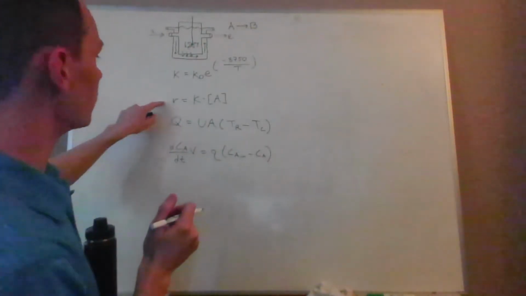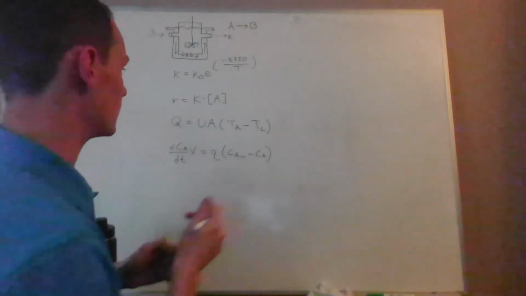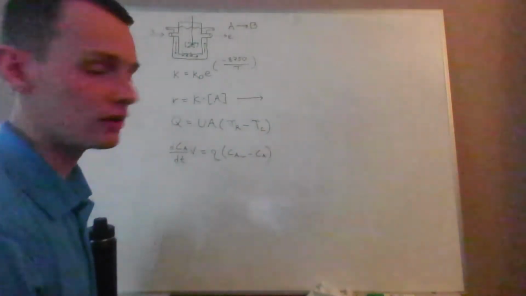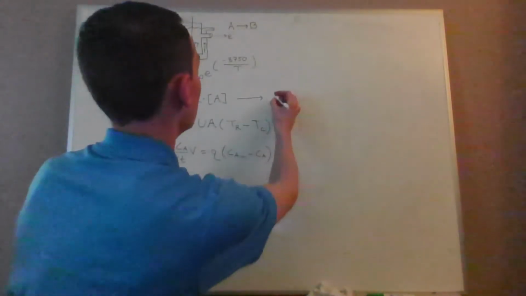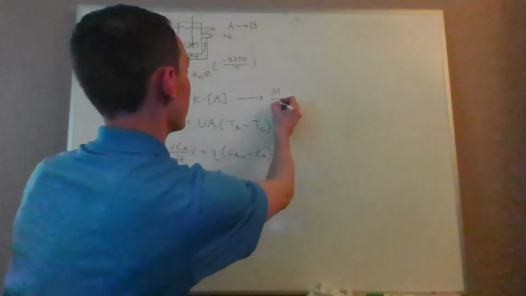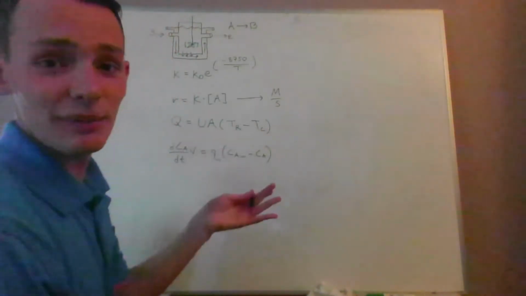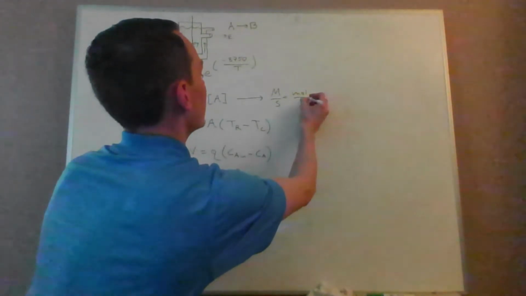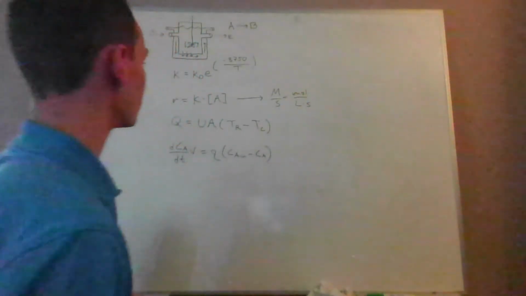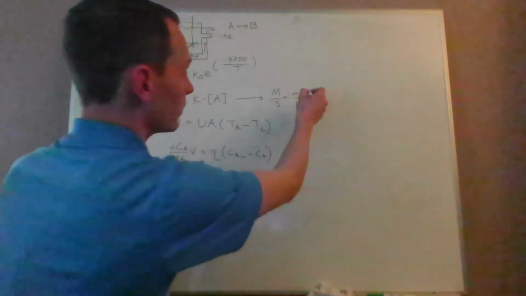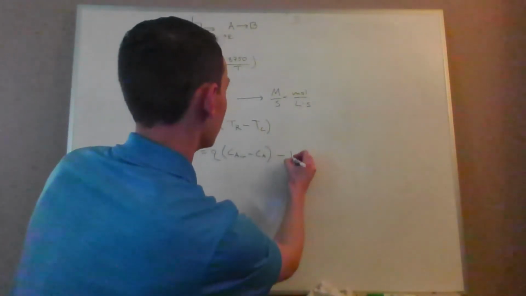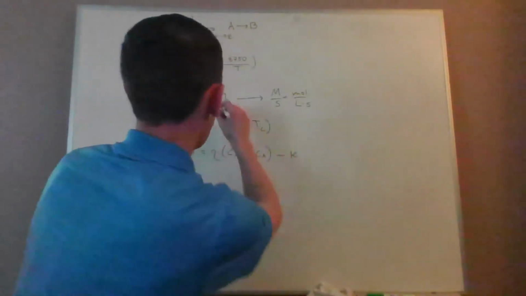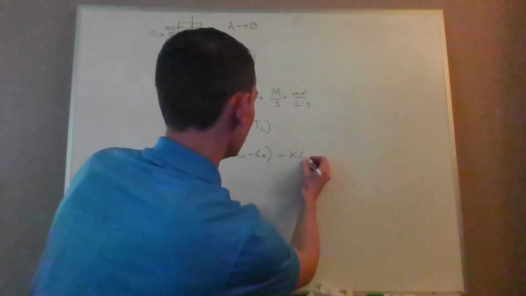Now, if you remember from maybe a general chemistry class, what units is R usually given in? From what I remember when I was taking exams, usually it's something like big M over S, and big M is molarity, which is moles per liter. So we have moles per liter per second. That's good. So we can use that because we have our moles per second. So we can subtract k times CA there.